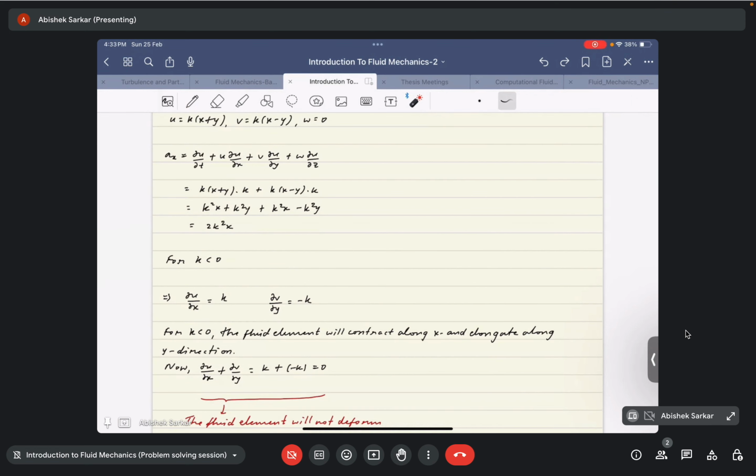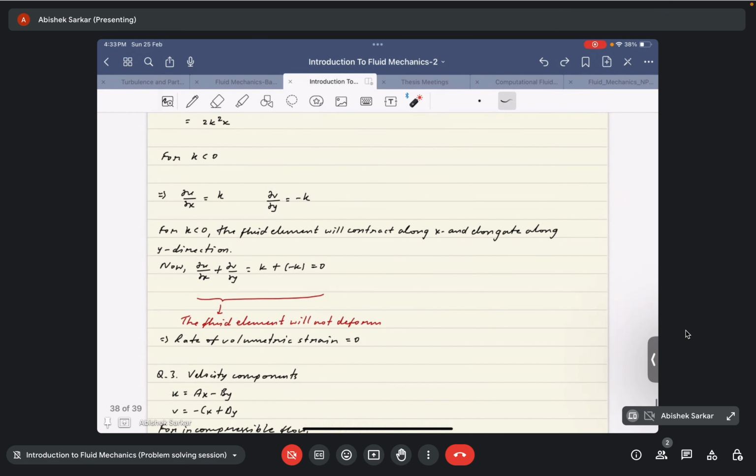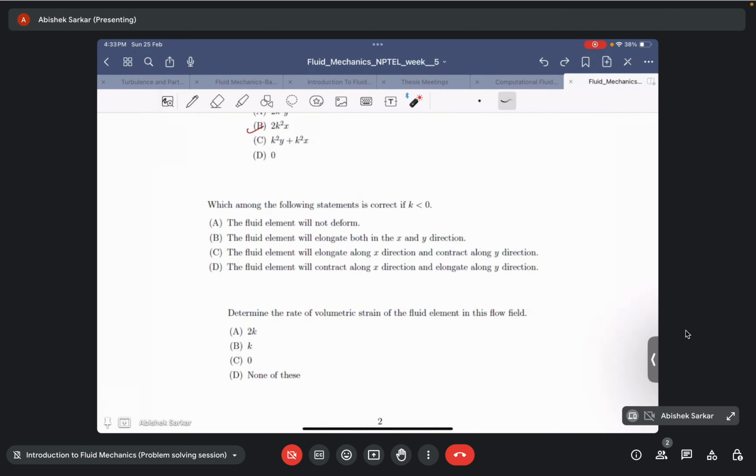So dou u by dou x would be negative and thus there will be a contraction along the x direction, and dou v by dou y would be positive since k is less than 0, so there will be an elongation along the y direction. So the correct option would be option B.